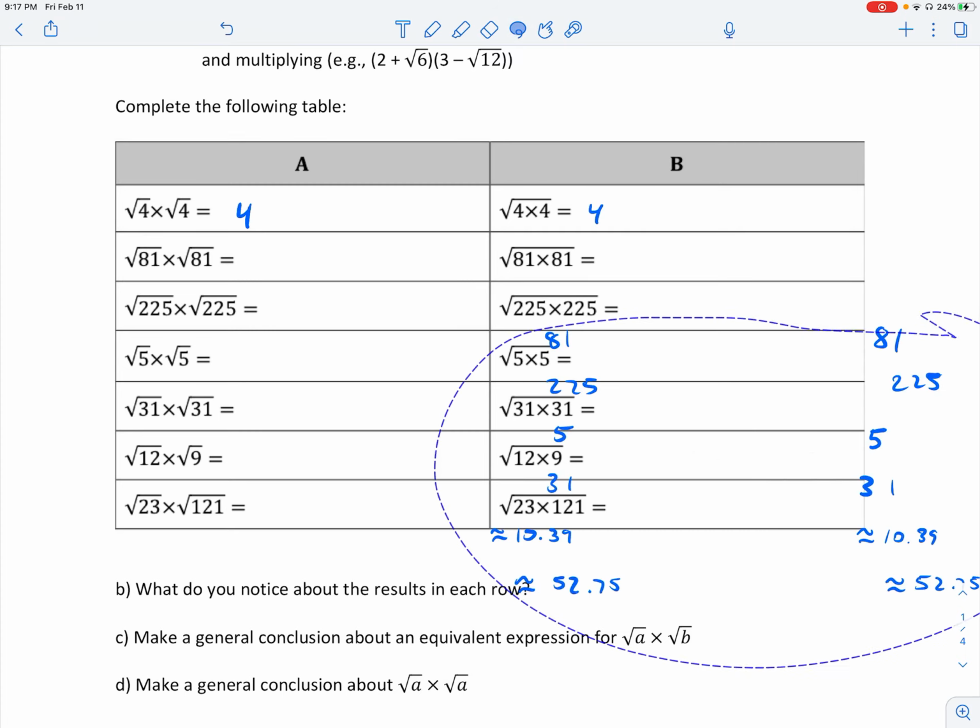Notice in our previous definition, the radicand is always the number or expression under a radical sign. This would be the radicand. This is the entire radical. So I'll just write that down real quickly for us. That's called the radicand, and the whole thing we call an entire radical.